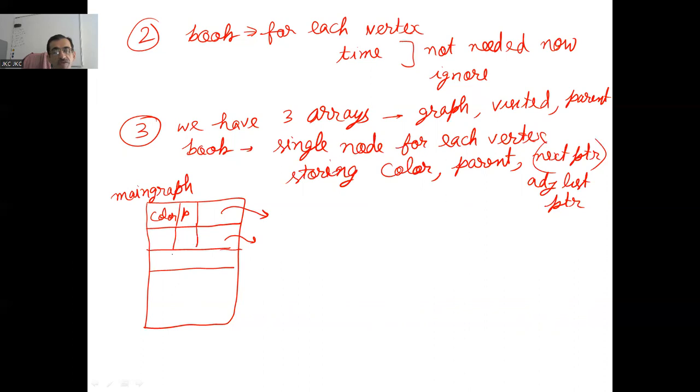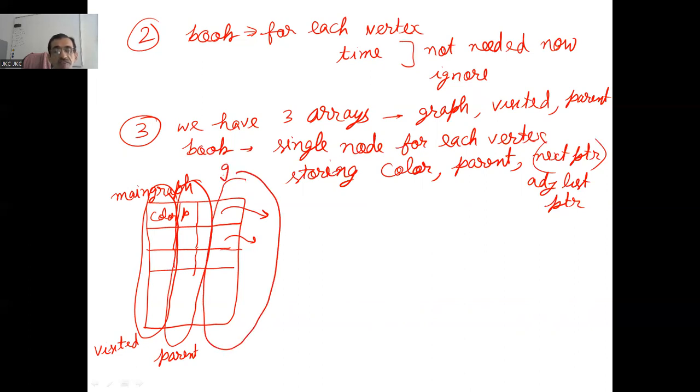If you see carefully, equivalently for us, the color is visited, which we have taken as a global one. Equivalently, this is the parent. And for us, this all was the graph. So in the book, our 3 structures are single.